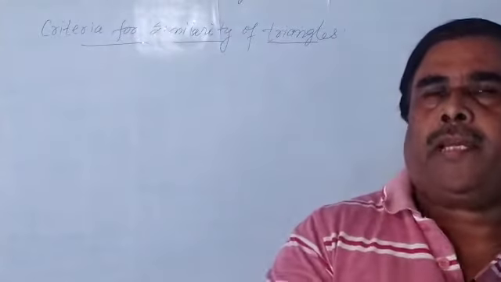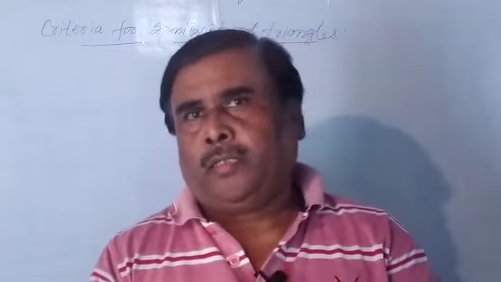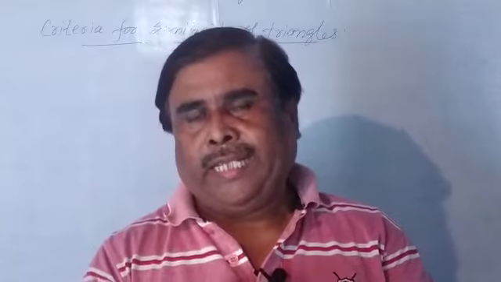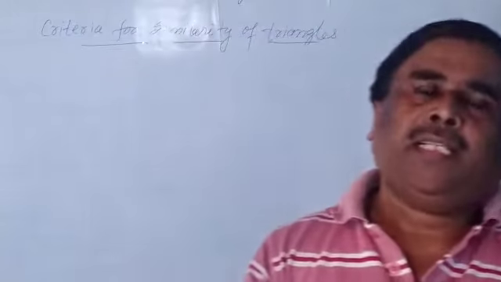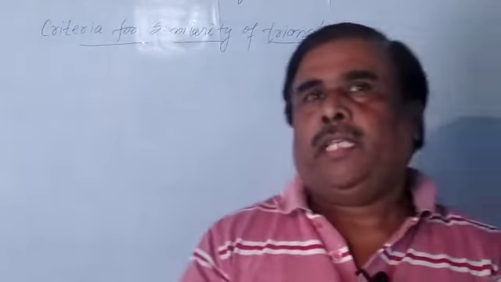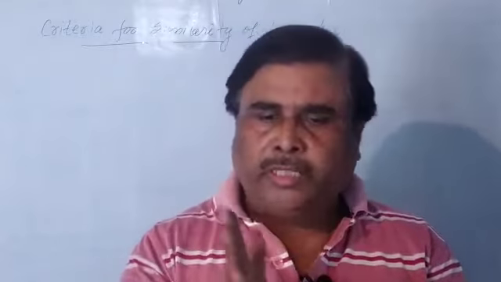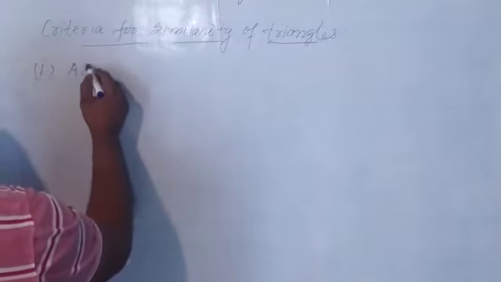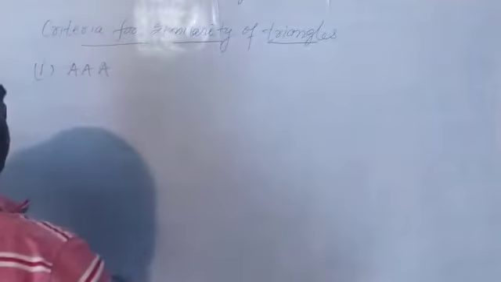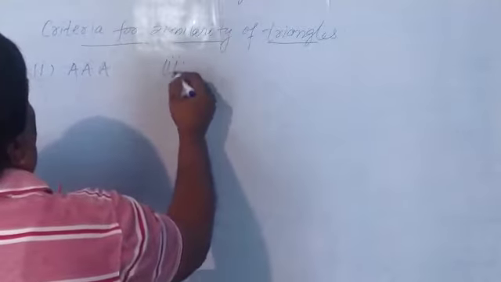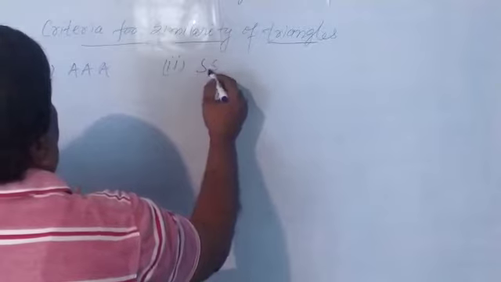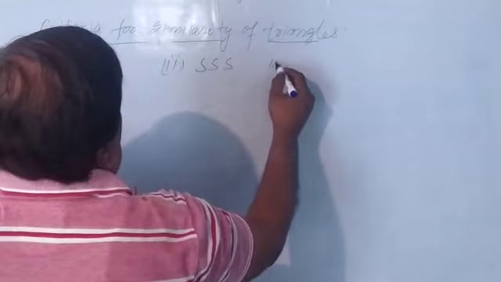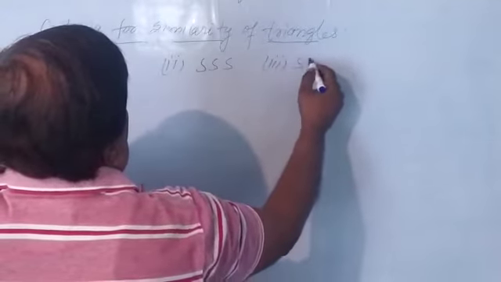But when we reduce it to the most minimal conditions, we have three criteria of similarity. First is AAA, second is SSS, and third is SAS.